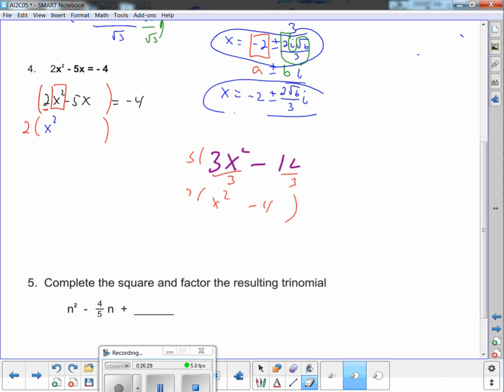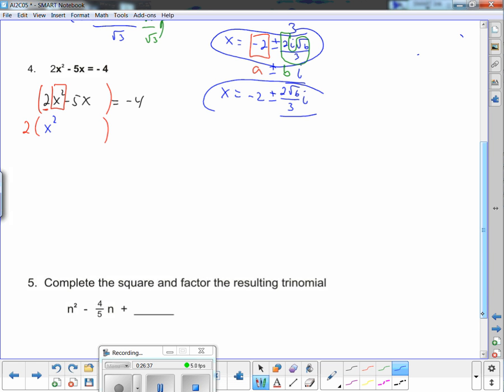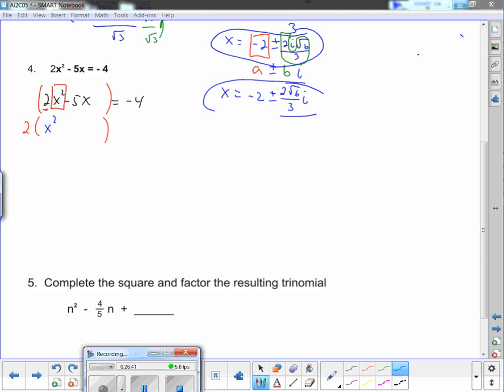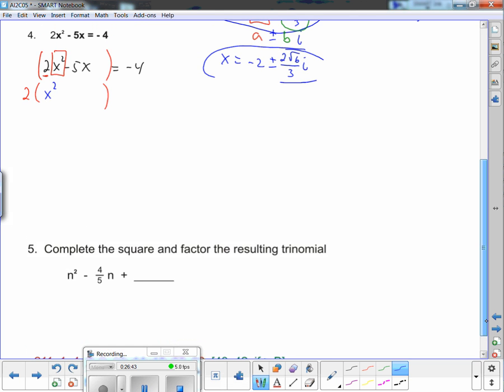We got to get that 2 out. So therefore, the front term is going to be x squared. What is the next term going to be? How many think they know now? Just a few more? All right, let me try one more time.